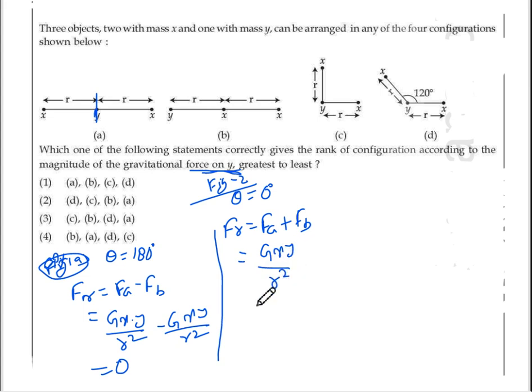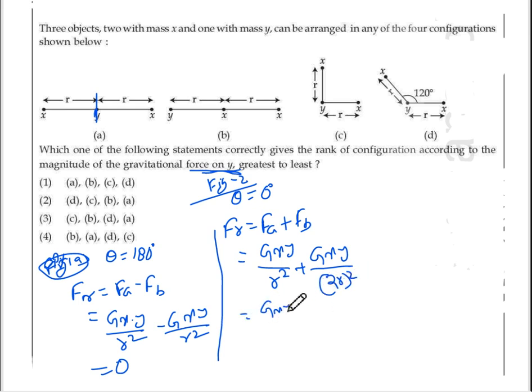For the second one, as the distance is 2r, it is a little bit less, so plus G x y by 2r whole square, which is 4r square.